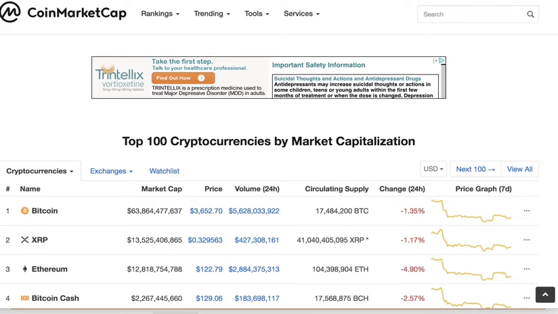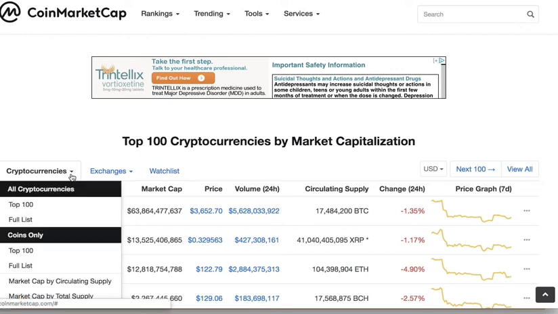A great way to get an overview of which cryptocurrencies have their own blockchain and which are simply a token running off another blockchain platform such as Ethereum is to go to coinmarketcap.com and on the home page click on the cryptocurrency drop down. You can then see on the drop down menu that there is coins only or tokens only.